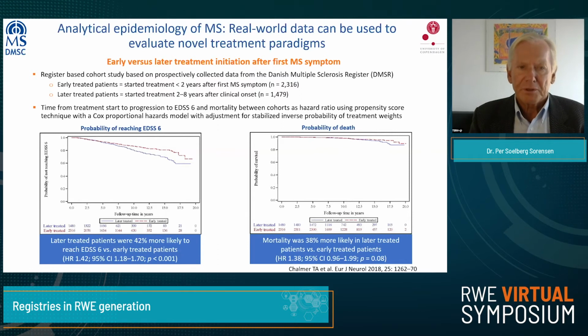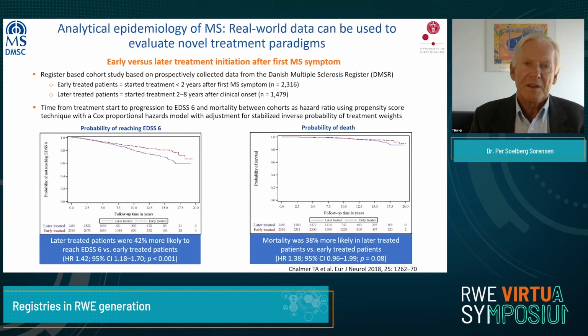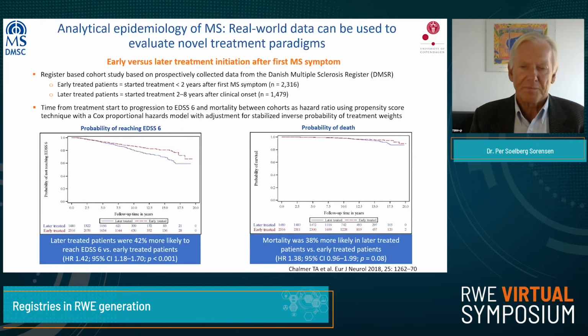And we looked at the time from treatment start to progression to EDSS-6 and mortality in cohorts, and found actually that if we look at the later treated patients, they had a 42% higher risk of reaching EDSS-6 compared to the early treated patients. There was also a 38% higher likelihood of death in the later treated patients, but this difference did not reach statistical significance.